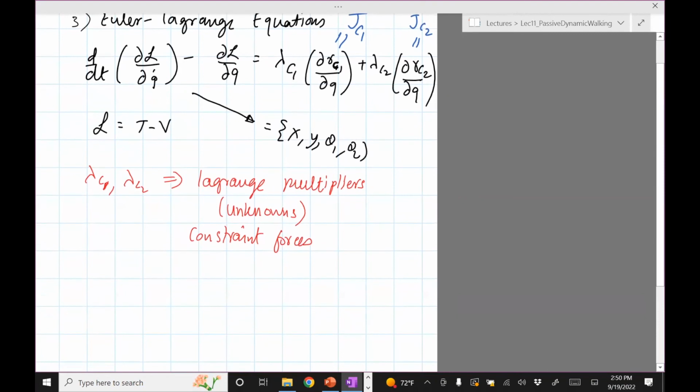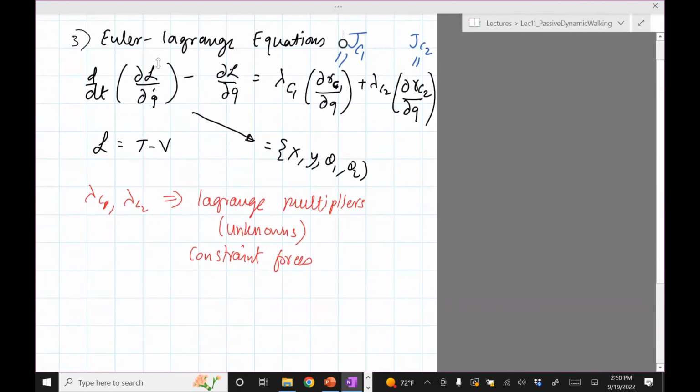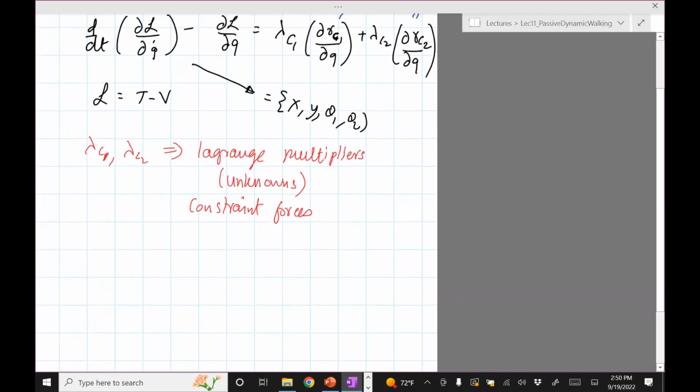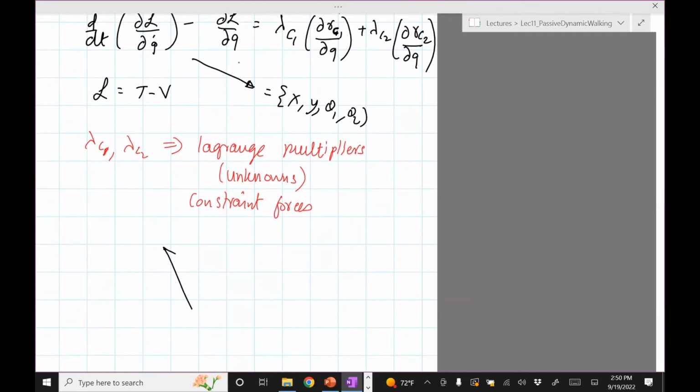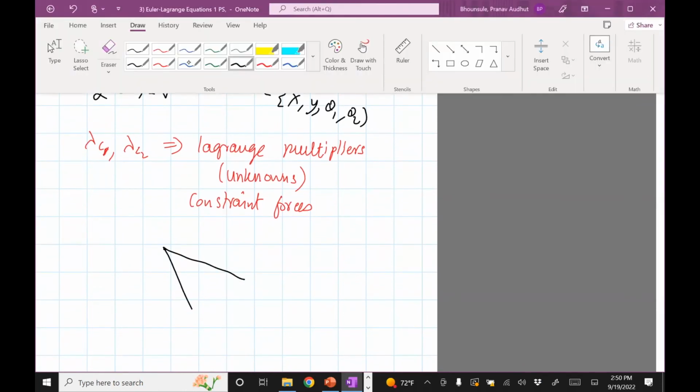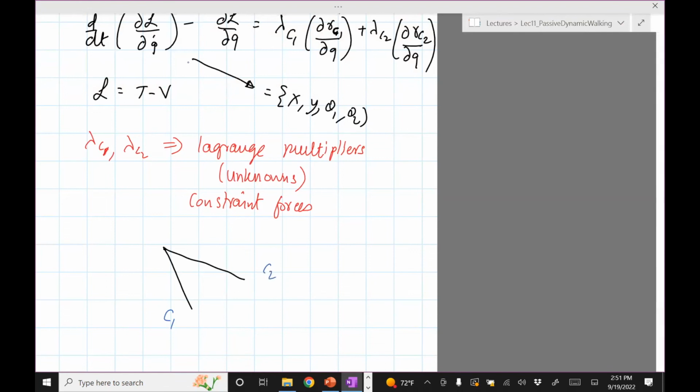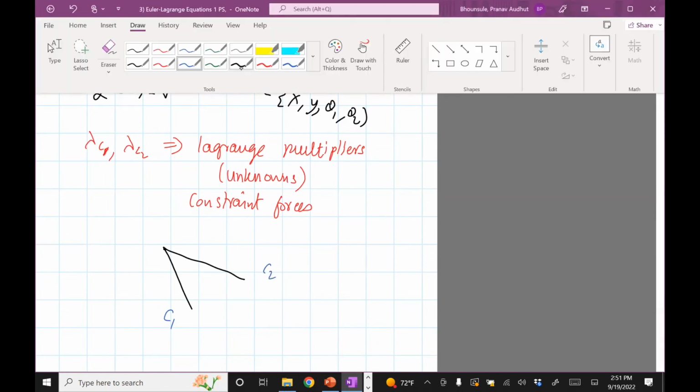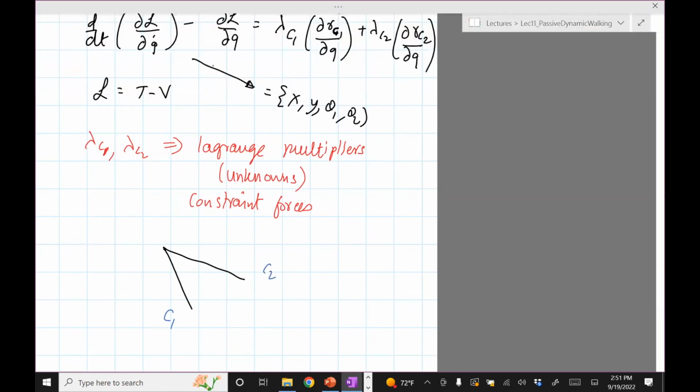So another way to show it is, let's draw the legs. This is C1, this is C2. Lambda C1, lambda C2. So those are the forces.